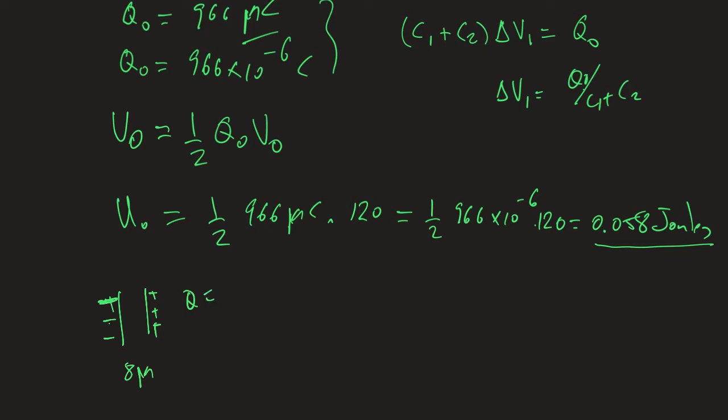So after charging the capacitor with 8 microfarads, we have ended with the charge Q0 as 960 by 10 to the minus 6 coulomb. We have ended that the capacitor now has been charged through a difference of 120 volts, and the total energy stored inside here is 0.058 joules.